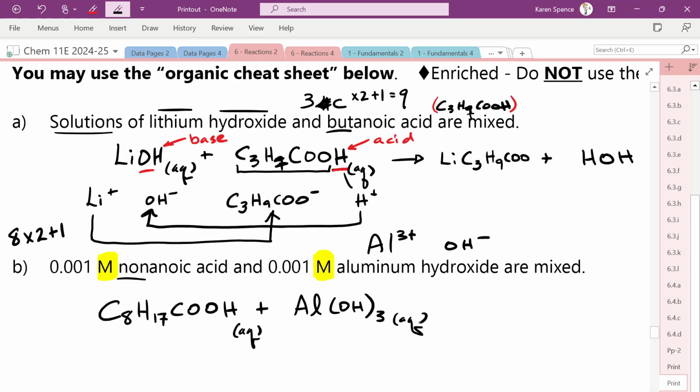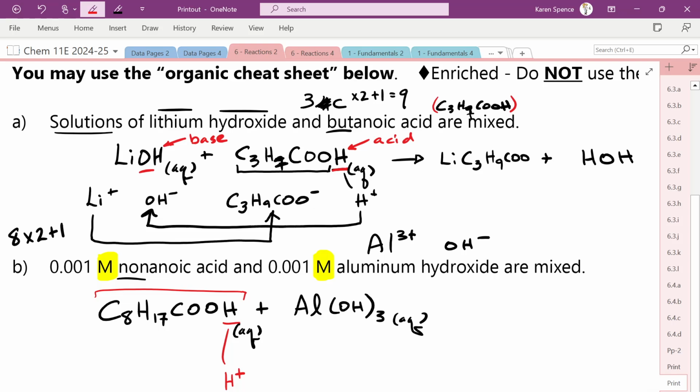So in our nonanoic acid, who is the cation? Tell your partner, who is the cation in nonanoic acid? Who's the positive ion? H. Who's the anion?